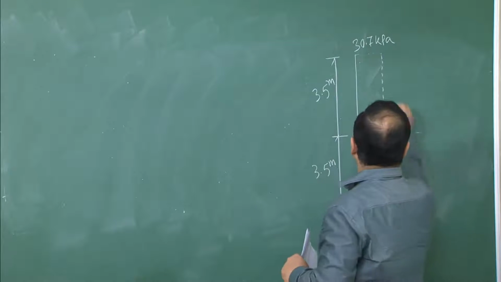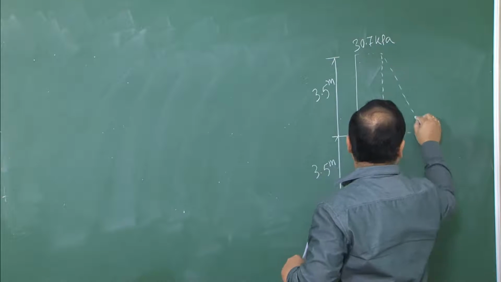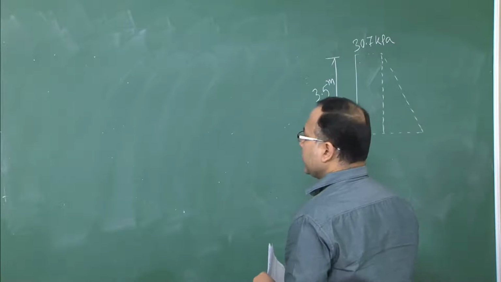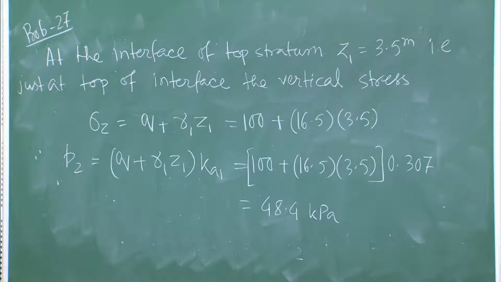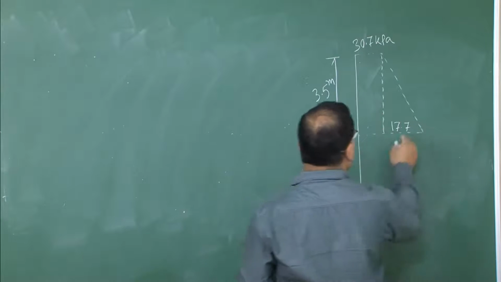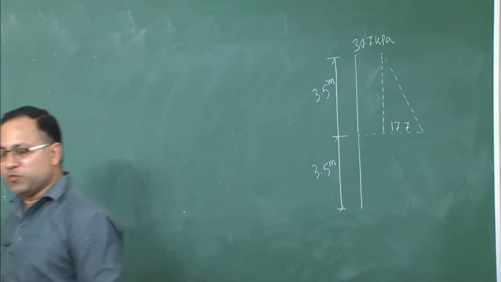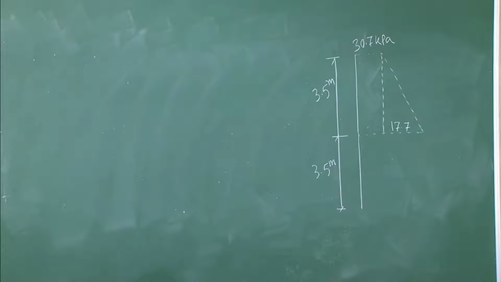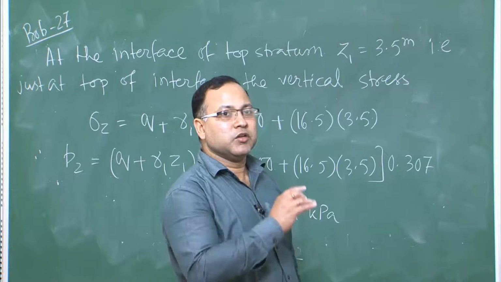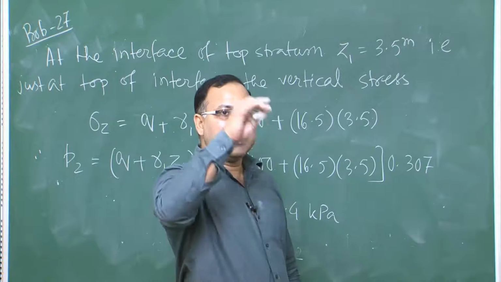So, this is your 30.7, the total is 48.4. Therefore, this remaining is 17.7. I am not writing kPa everywhere. So, this is quite understood that everywhere it will be kPa, that is the pressure diagram. Okay. So, this is the pressure diagram at the top of the interface.